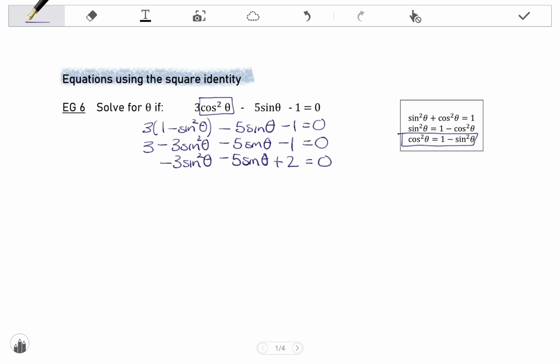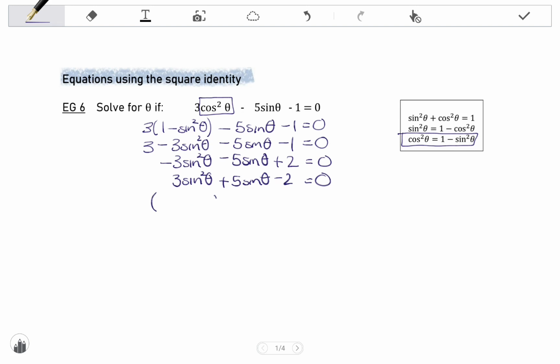So we need to factorize this. Now, I'm going to divide by negative 1 to not have a negative coefficient on the term in which I have sin²theta. So I've got 3 sin²theta plus 5 sin theta minus 2 equals 0, having divided through by negative 1.